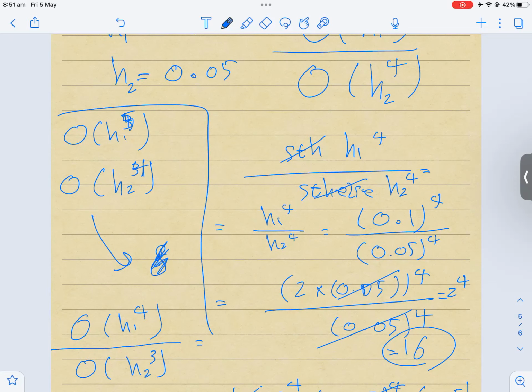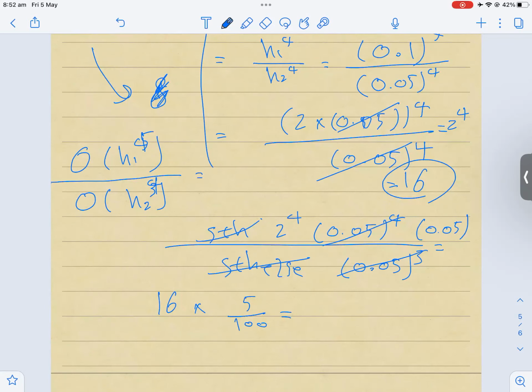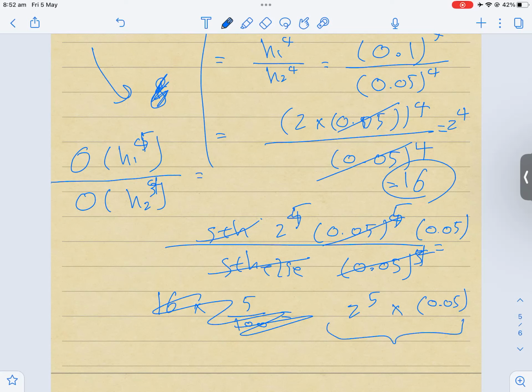So if I do this, 5 and 4, then I should get 2 power 5 times 0.05. So in fact, since the first one is 1 step size, it's local truncation. The other one, 1/20, since it is 2 steps, is not local truncation. It is global truncation.